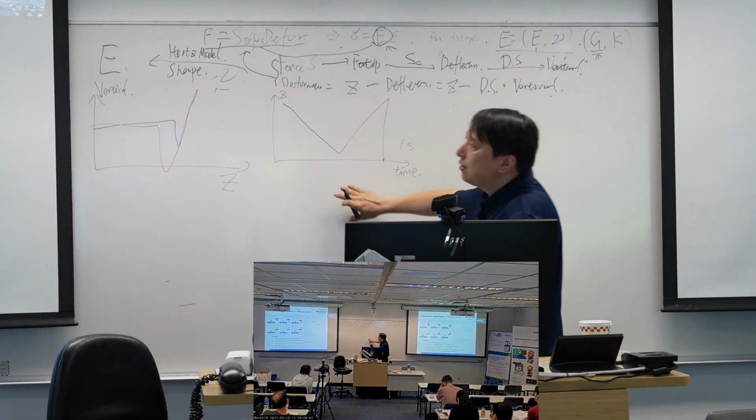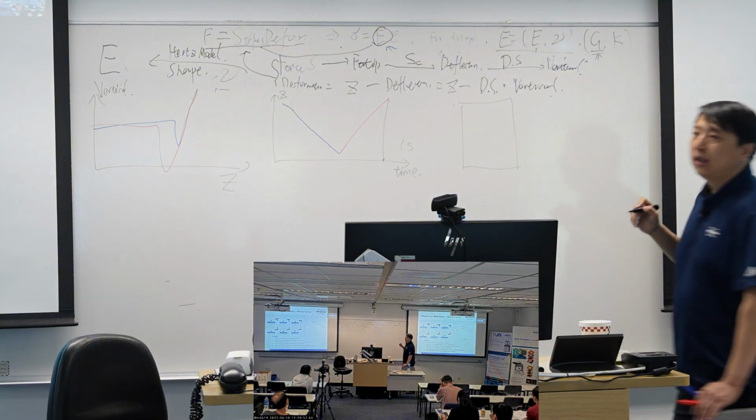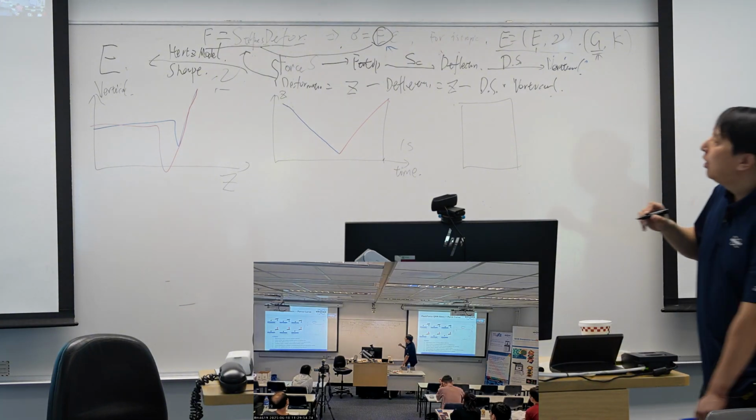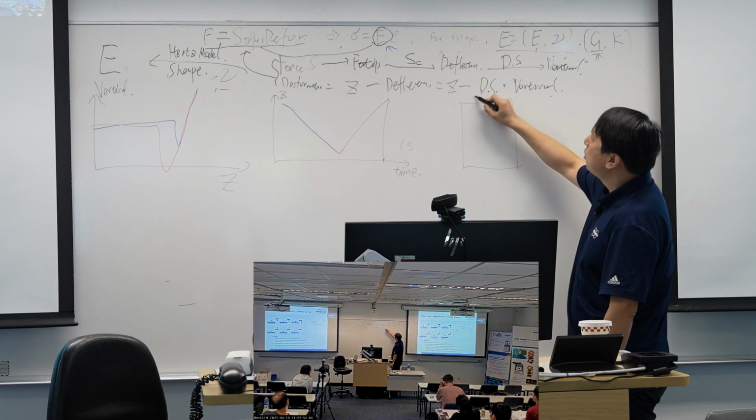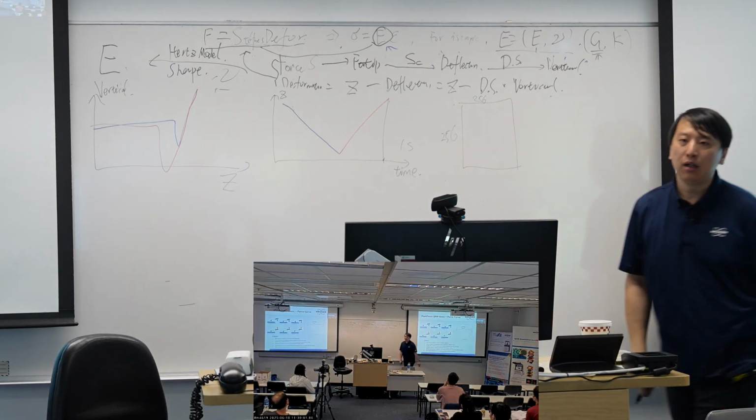So if it is 1 second, let's think about an image. A typical AFM image has a resolution of about 256 times 256.